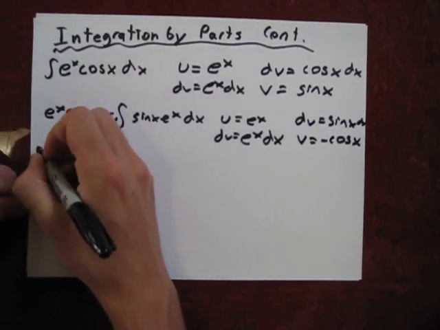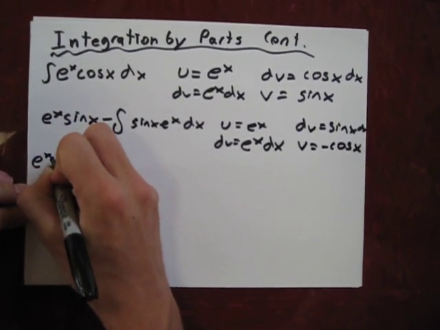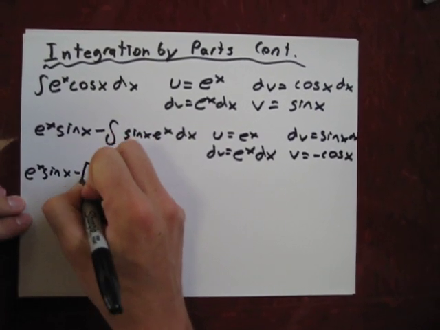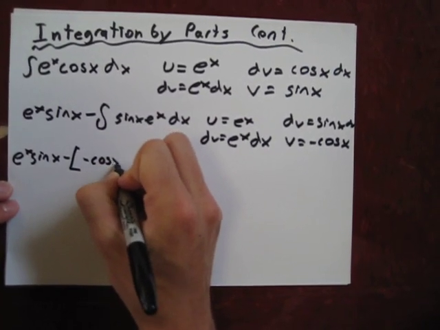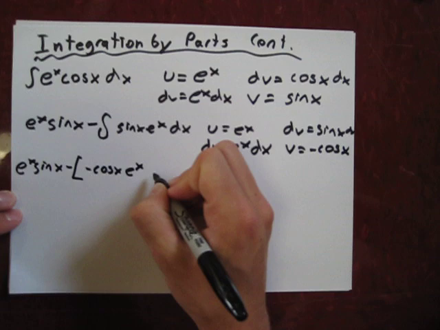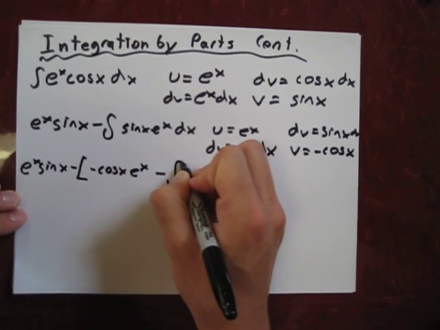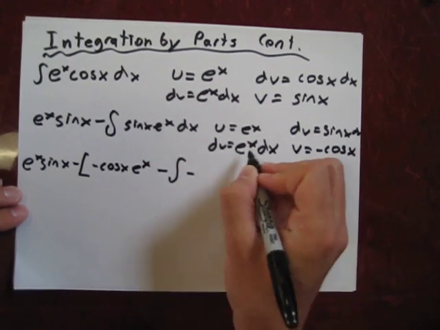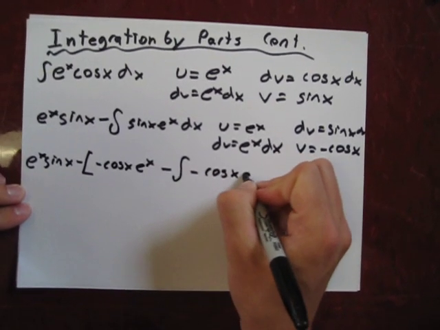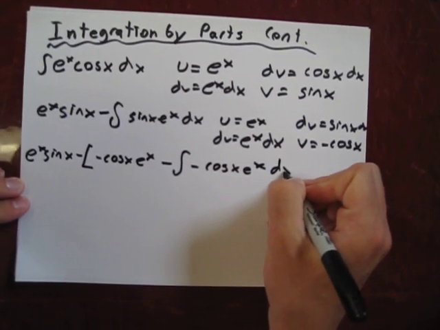So once again, I'm going to apply my integration by parts. So u times v is going to leave us with negative cosine x e to the x minus the integral of v du, negative cosine x e to the x dx.